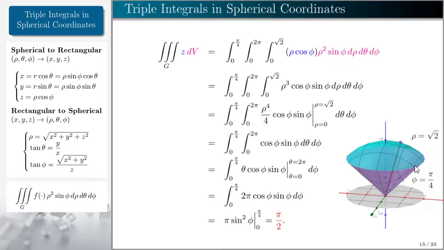Not only that, in terms of xy, since this is a circle, that will give me limits of the form square root of 1 minus x squared to negative square root of 1 minus x squared, with x from negative 1 to 1.